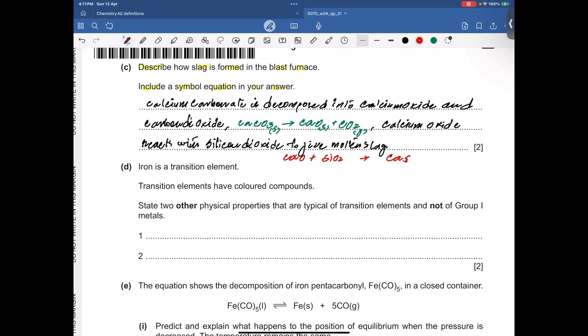That calcium silicate is slag actually. Calcium silicate has the formula CaSiO3. The examiner is looking for the symbol equation, so we can write it like this. Since it is molten slag, it is liquid. Okay.